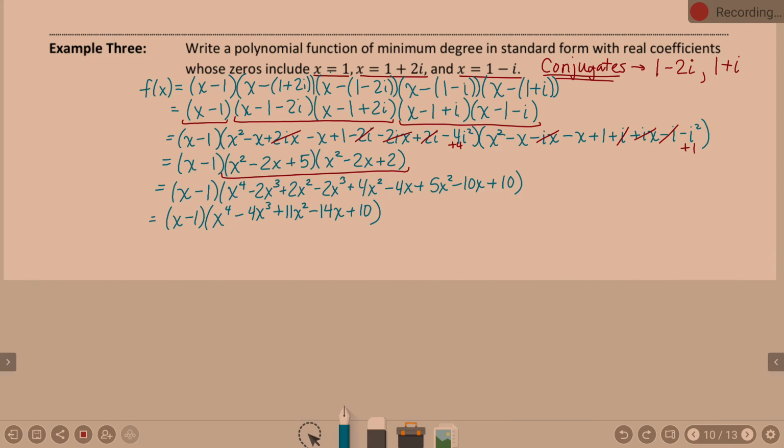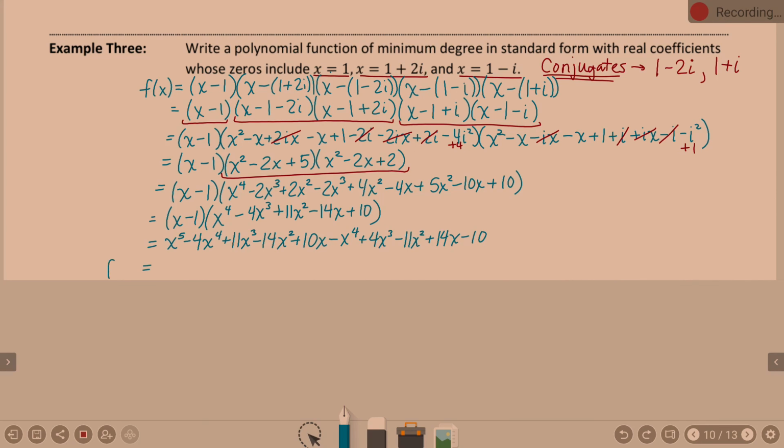And one last distribute. Now this is the easy distribute because x times everything just increases powers, minus 1 just changes sign. So, x to the fifth minus 4x to the fourth plus 11x cubed minus 14x squared plus 10x. Distributing by minus 1: minus x to the fourth plus 4x cubed minus 11x squared plus 14x minus 10.